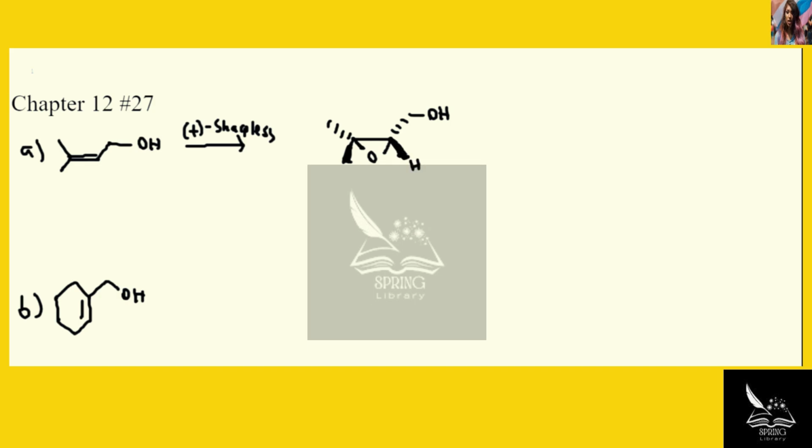Then B. The way that the problem gives us the molecule is not in this conformation, so all that we really have to do is redraw it so that it is in the correct conformation.